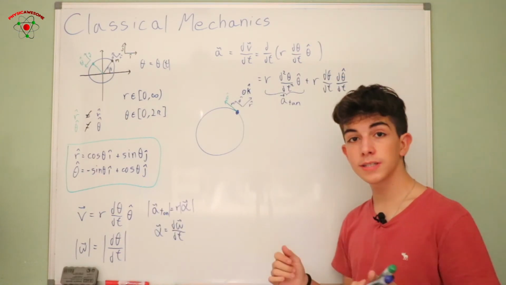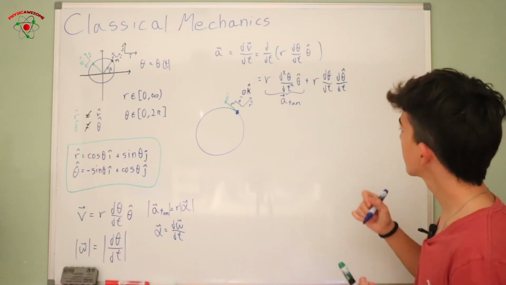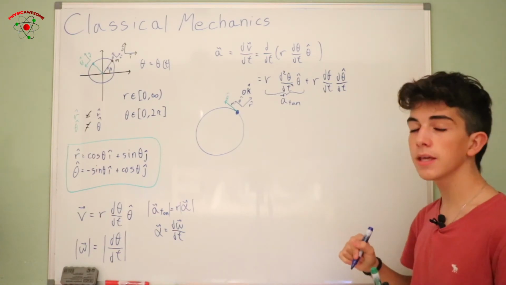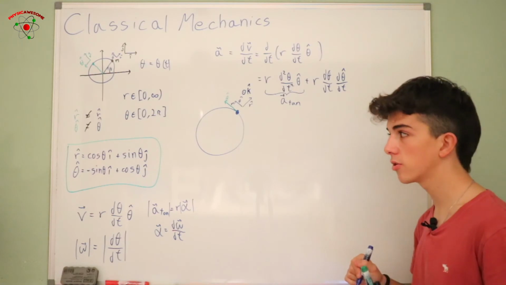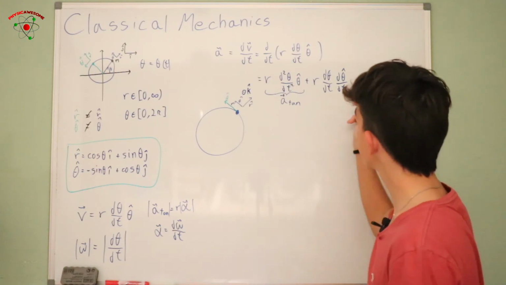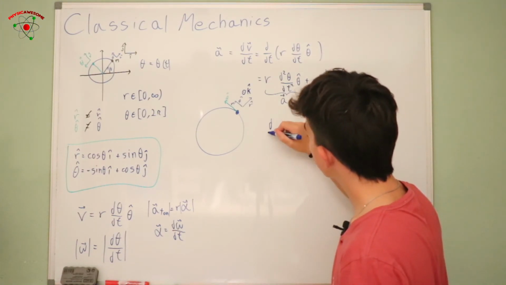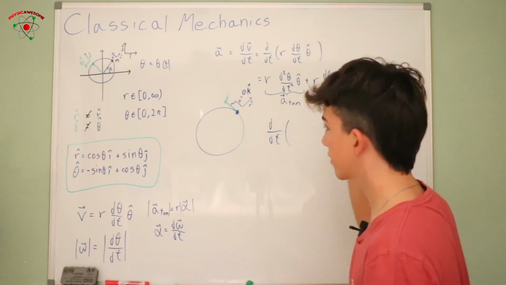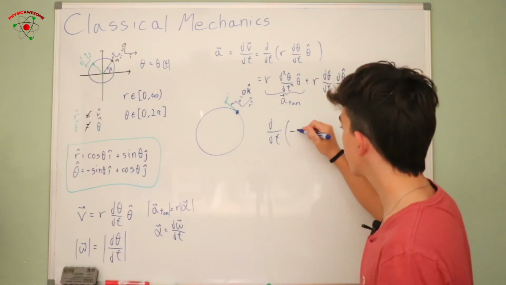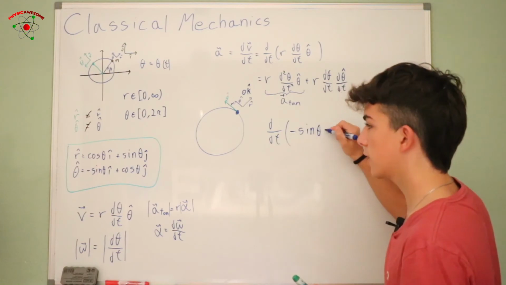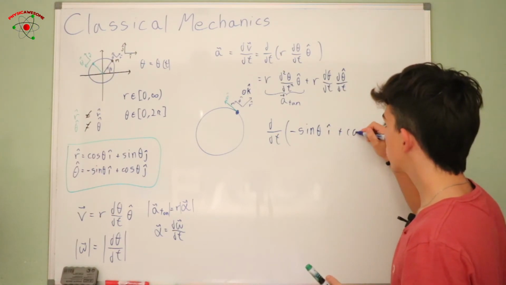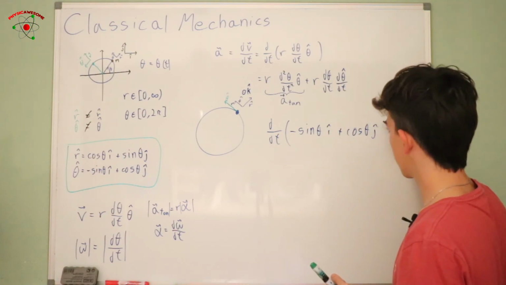Let's explore this component now. We can see that we have a d theta hat dt term that we haven't explored yet. So let's see. That is d dt of theta hat, which we have over here, and that is minus sine theta i hat plus cosine theta j hat.